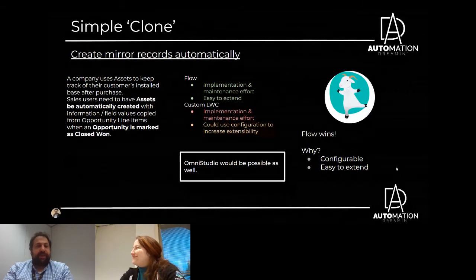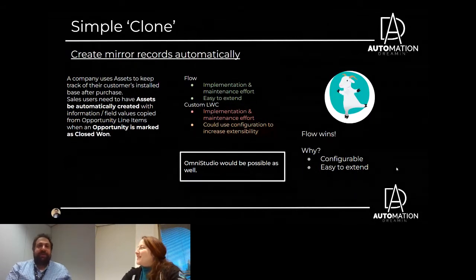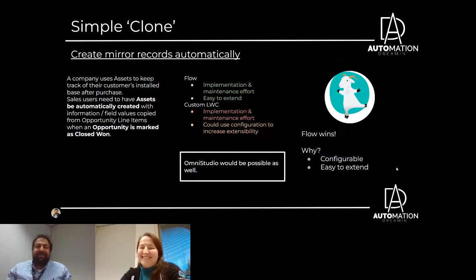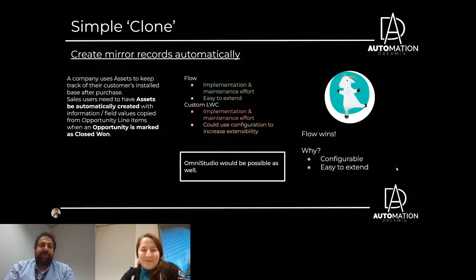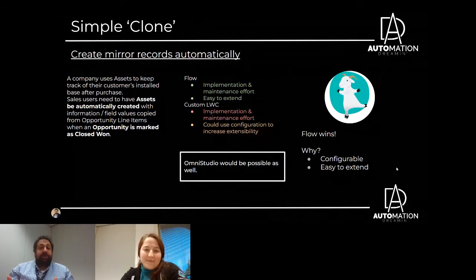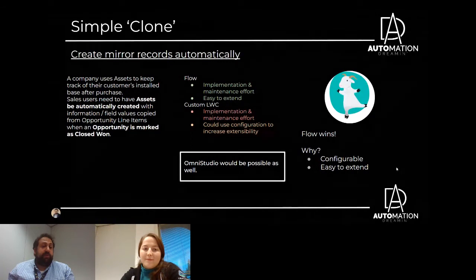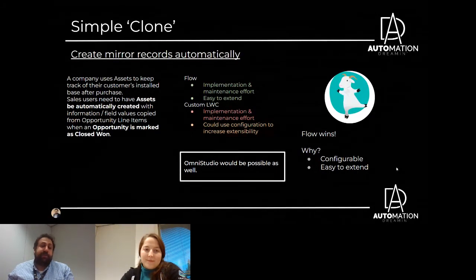Let's take a simple case, because we've had some complexity, we've had some semi-complexity. Let's go for easy. Why not? So we would like to create mirror records automatically. To be concrete, a company uses assets to keep track of their customer installed base after purchase.